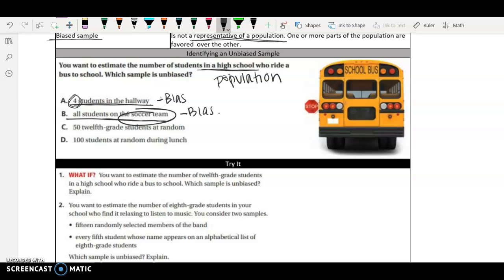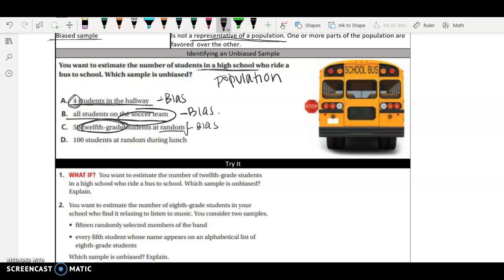If I ask 50 12th grade students at random, this is also going to be biased. Yes, it's at random, which is awesome. We like that part. But I'm only asking 12th grade. Here's why it's biased. You turn 16 as a sophomore, so that's grade 10, right?